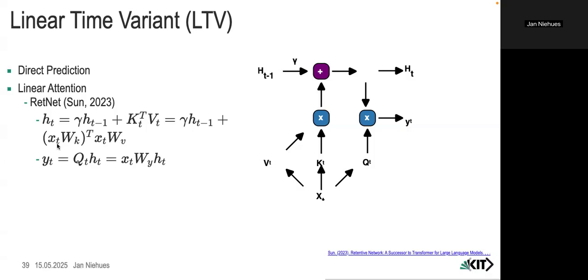Therefore, you have here your query matrix, which is mainly your C matrix. So with this one, you're now again deciding what you put into your output. So you have here a query matrix which is multiplied to your hidden state. So in this case, we are not controlling A and B as before; we have dependence on B and C to do this type of control.